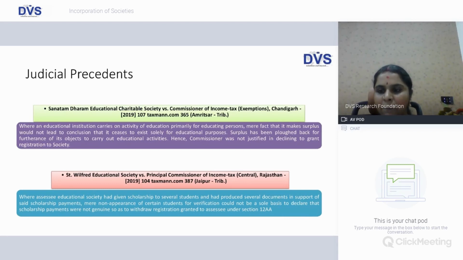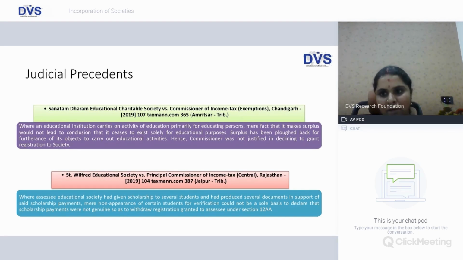Hence, the non-appearance of certain students for verification could not lead to a conclusion that this institution will not be entitled to get registration under 12AA. Hence, the withdrawal of registration granted to assessee under section 12AA was considered to be not genuine, because there was sufficient proof for establishing the fact that the scholarship payments were made.